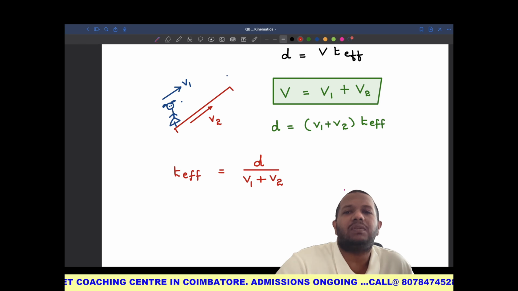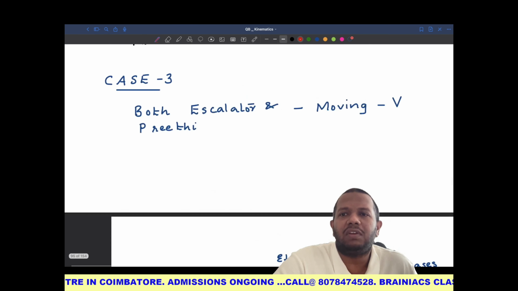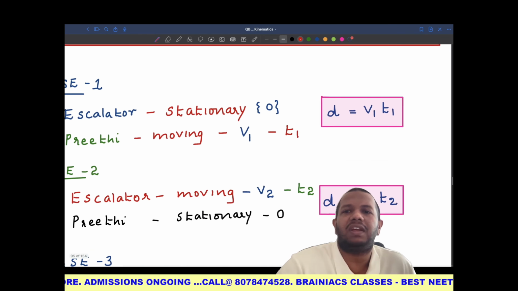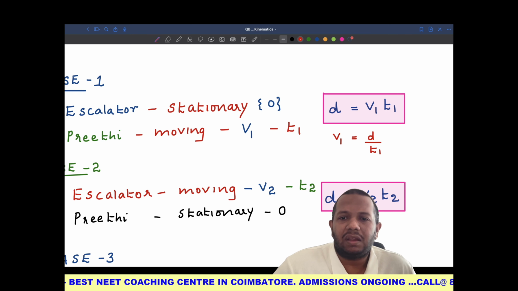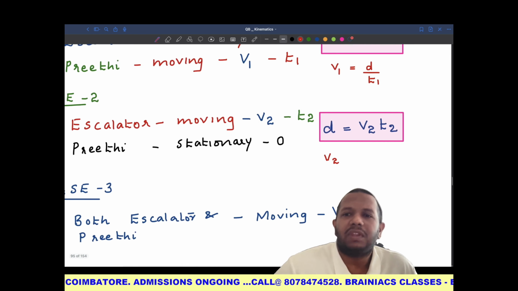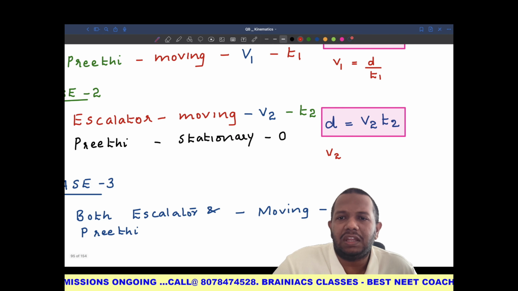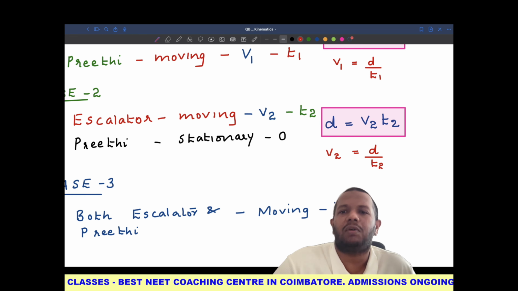Now what is v1 from the equation? Already we know v1 would be equal to d divided by t1, and v2 would be d divided by t2. Any doubt? I hope it is clear.